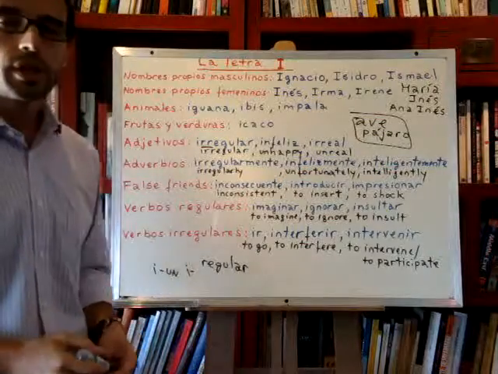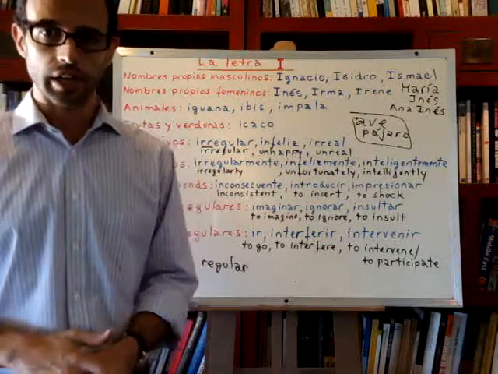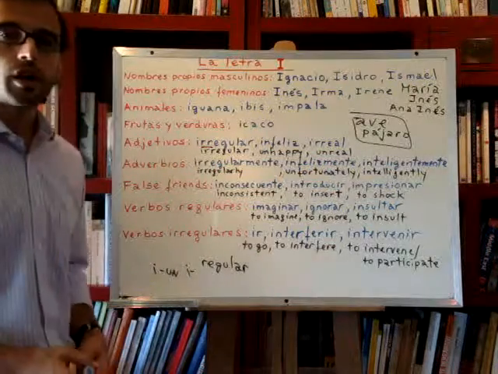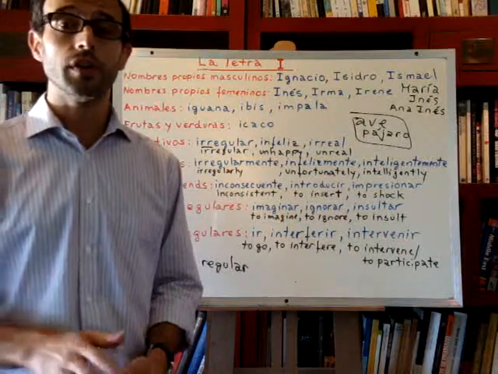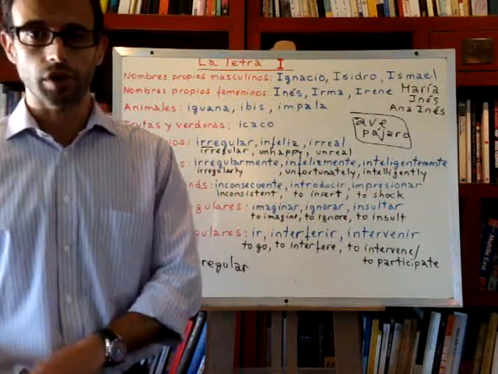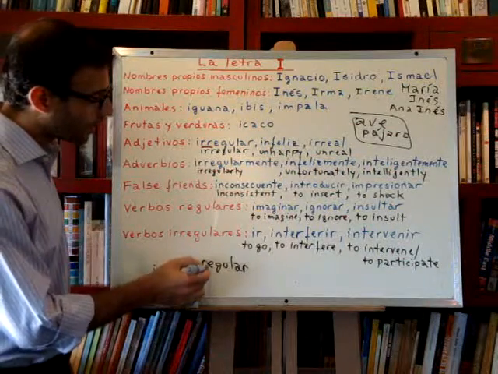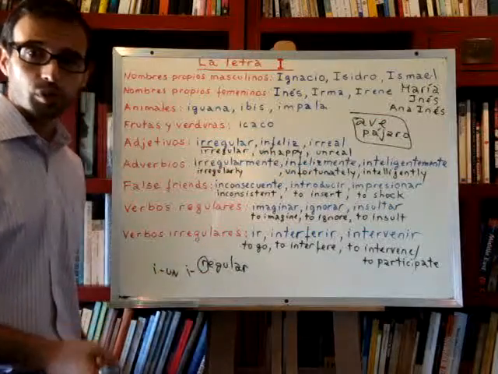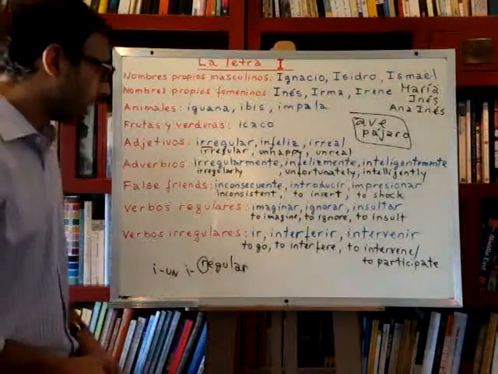It's just to keep the same pronunciation of the letter R. Remember that the R, when it's at the beginning of the word, is the hard R. And when the R is not at the beginning of the word, it's a smooth sound of the R, unless it is doubled. So in the word regular, the R is at the beginning of the word, so it's the hard R, the harsh R, right?